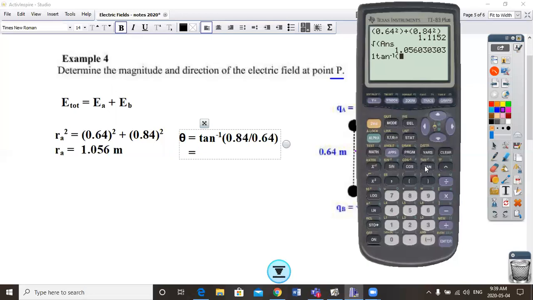So inverse tan of 0.84 divided by 0.64, and you get 53 degrees.